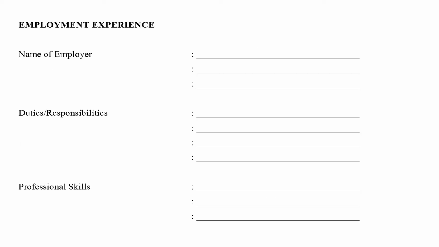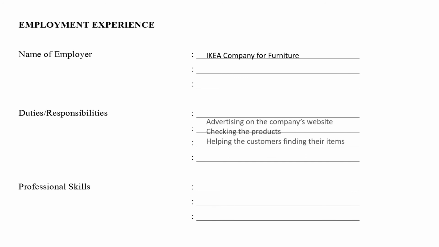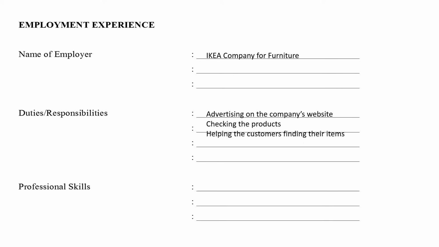After that, here you have to talk about your employment experience. Let's say that you are a fresh graduate and you have only short experience. So for example, you worked in IKEA, the company for furniture. What are your duties, responsibilities? What did you use to do in that company?